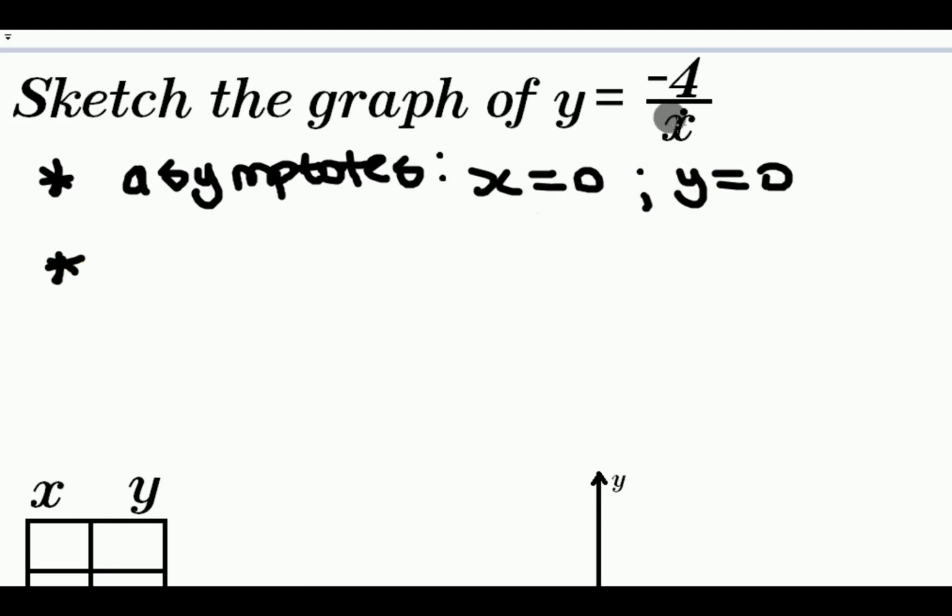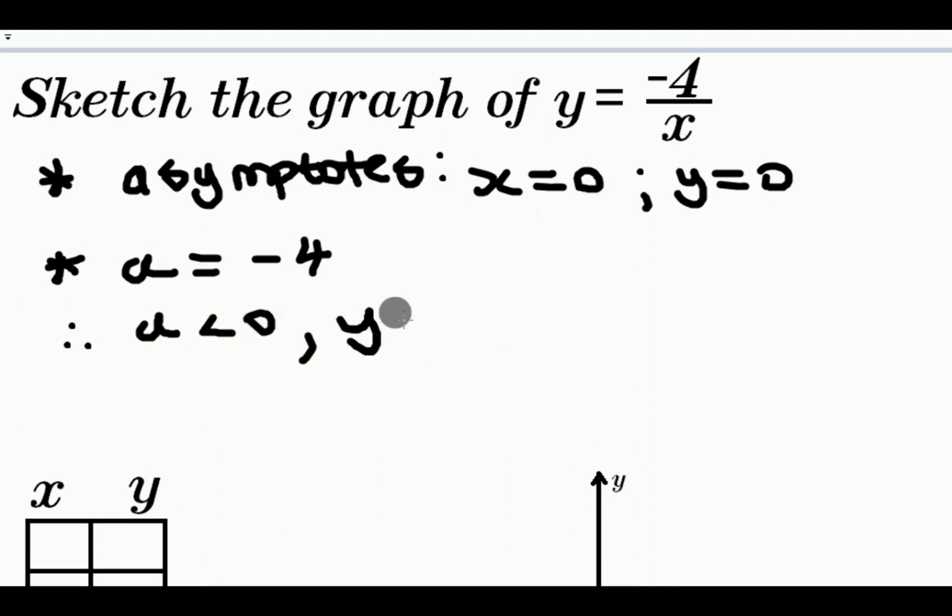And the other thing from the given equation is that a is equal to minus 4. Therefore, this gives us that our a is less than 0.